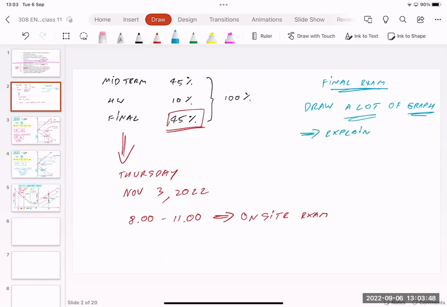You may have some equations, but just a little bit; mostly it will require you to draw the graph and explain. You're going to learn a lot of graphs for the final exam, and you need to draw them and explain them in the right way. This is what I want from you.